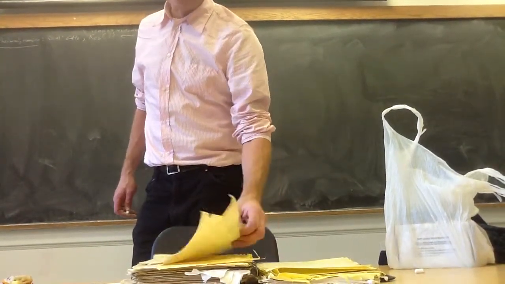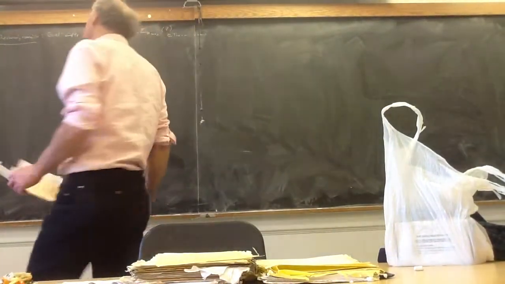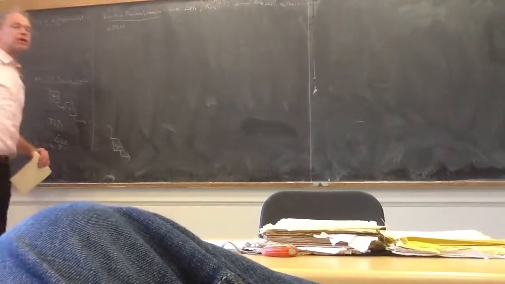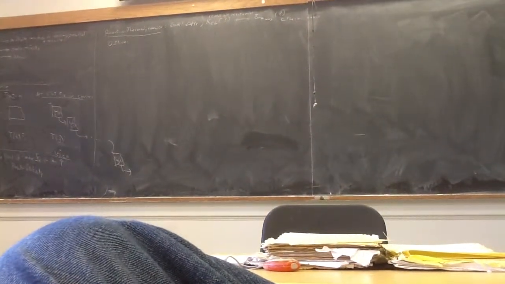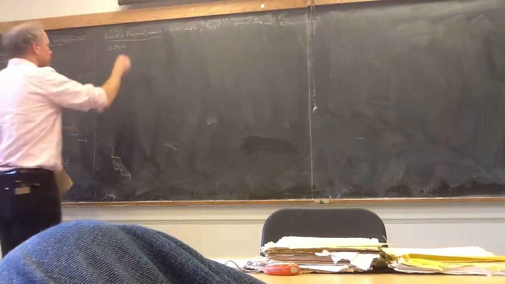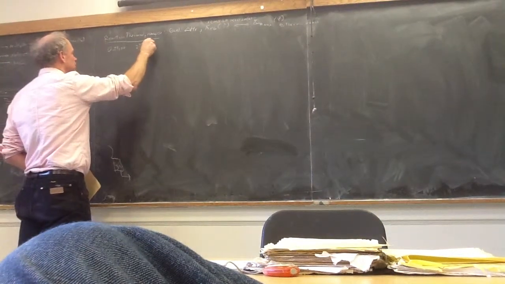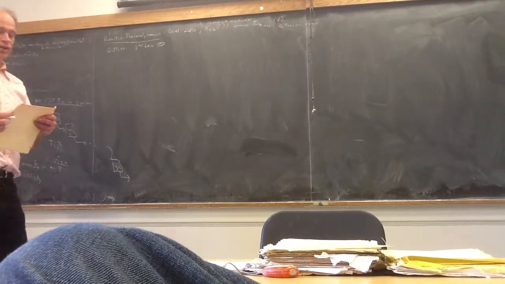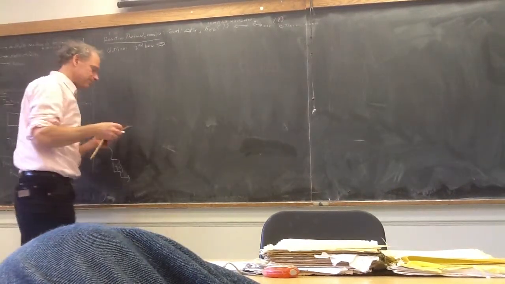Okay, so what's the outline of what we're going to do? We're going to start with the second law of thermodynamics. I'm writing this because there's a fair amount of algebra, and I want you to know where the algebra is going. From that, we're going to eventually get an expression for the equilibrium constant.